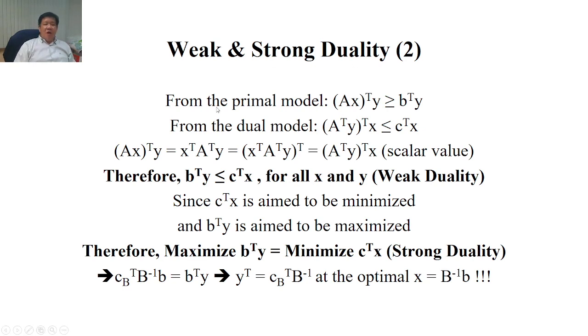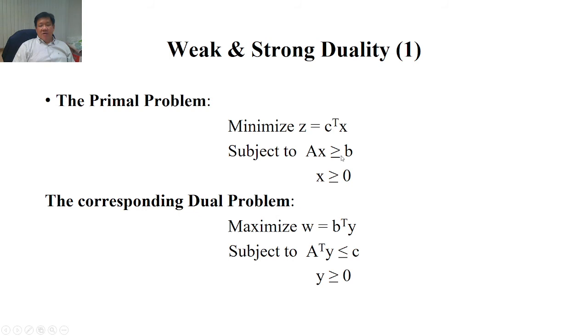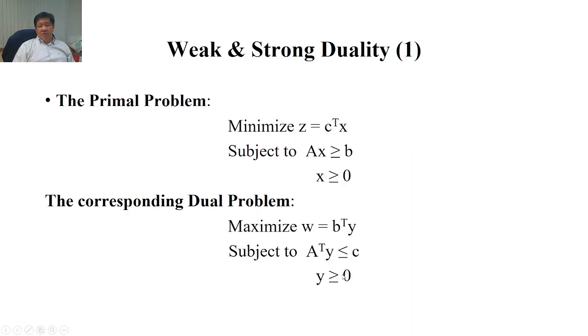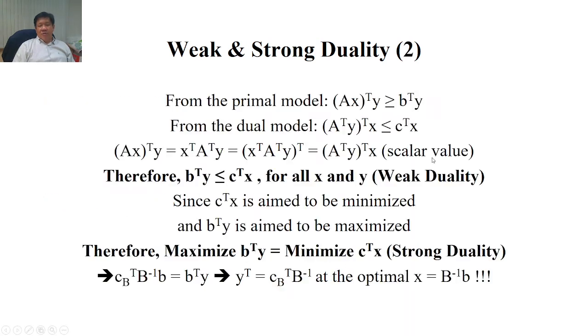For the primal problem, you have A times x greater than or equal to b. Suppose that I transpose it and multiply by y, and you know that y is always greater than or equal to 0. So this relationship still holds, because y is greater than or equal to 0 and Ax is greater than or equal to b.